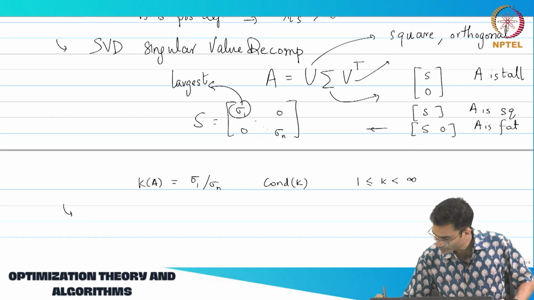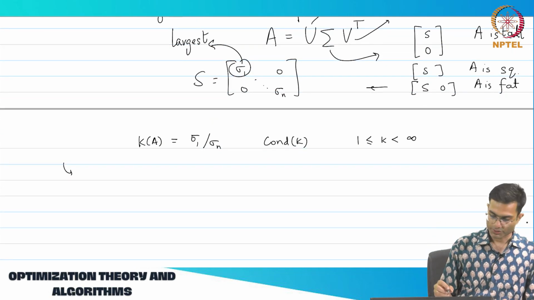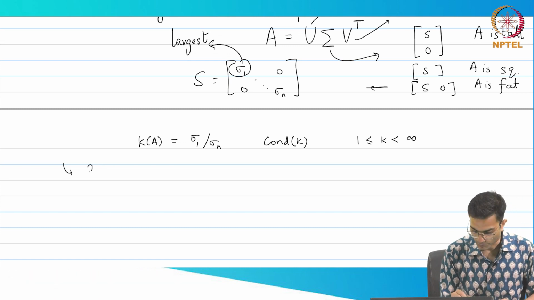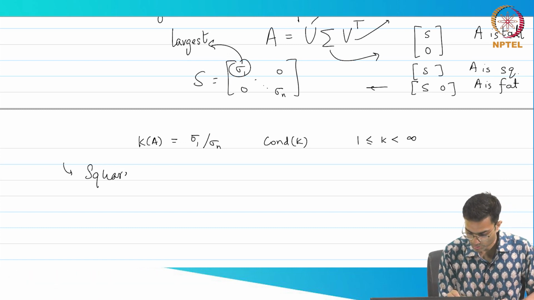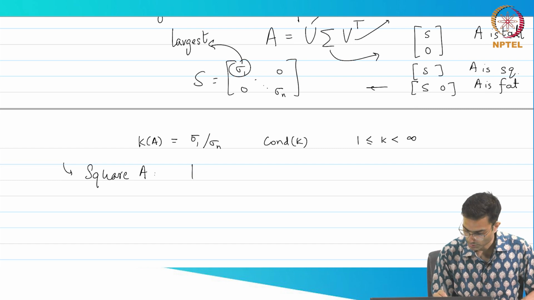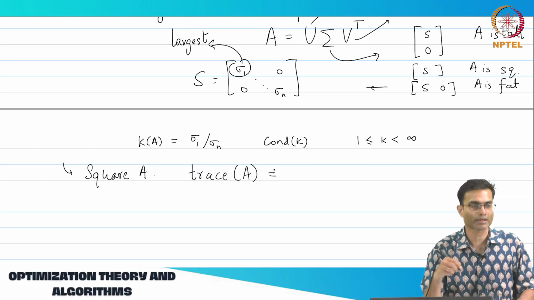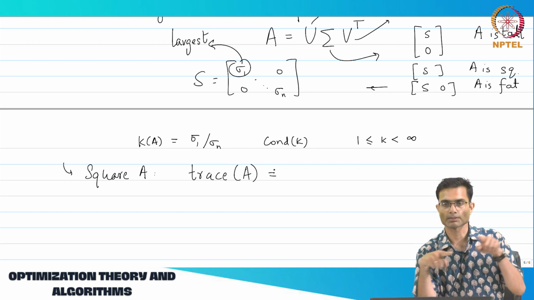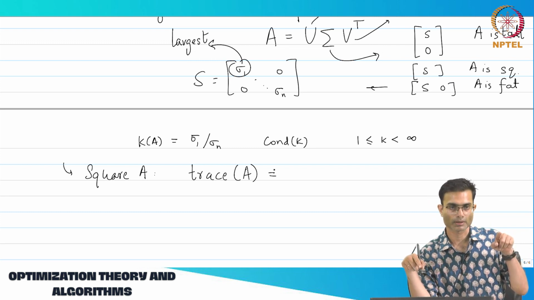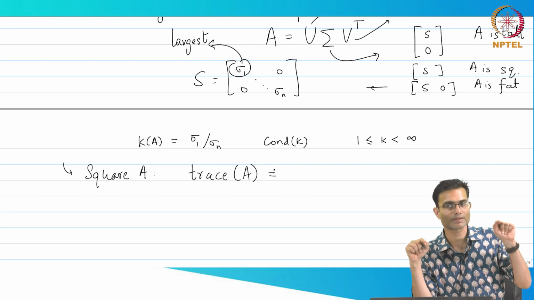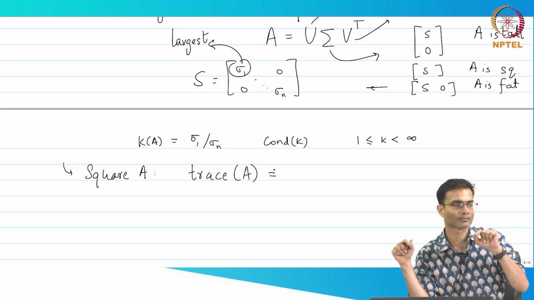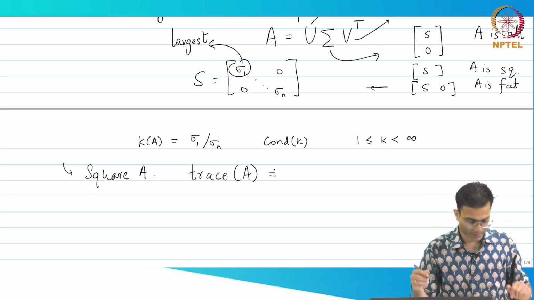Additional review, I'm pretty sure all of you know this, that for a square matrix, when I say trace of A, does everyone know what that means? Sum of diagonal elements. Is there any relation of that with the eigenvalues? It's the sum of eigenvalues, right?